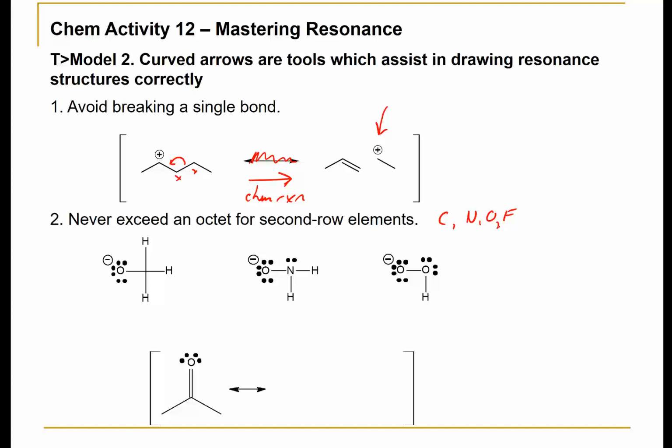So for instance, the leftmost anionic structure, if we're looking to find a resonance form, it would not be possible to find a resonance form such as I'm using the curved arrow here, because it would bring too many bonds to that central carbon, or too many electrons to that central carbon. So there is no resonance form associated with that, nor are there resonance forms associated with my showing of the curved arrows with these other two.